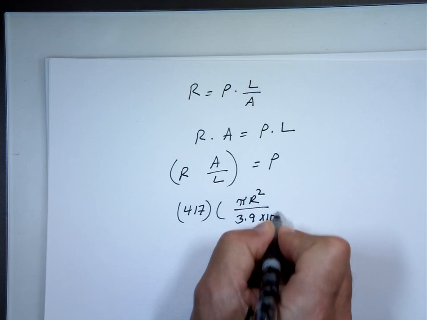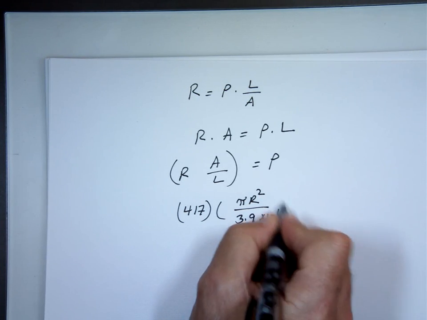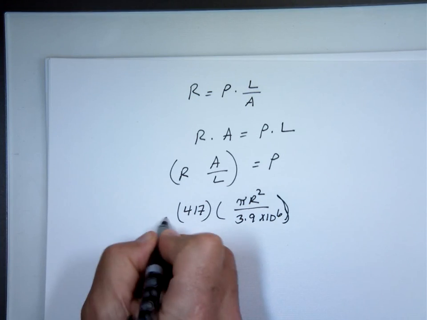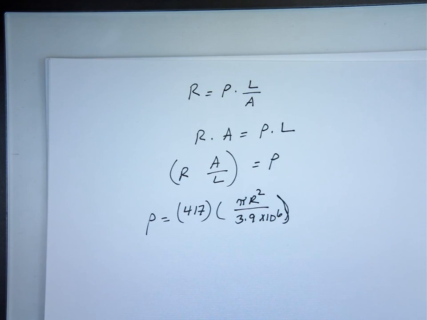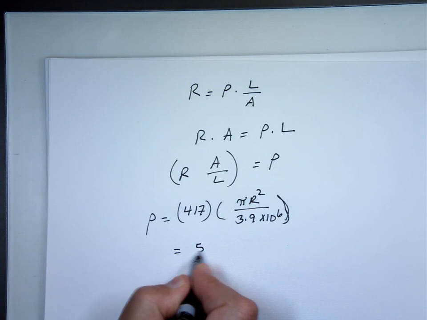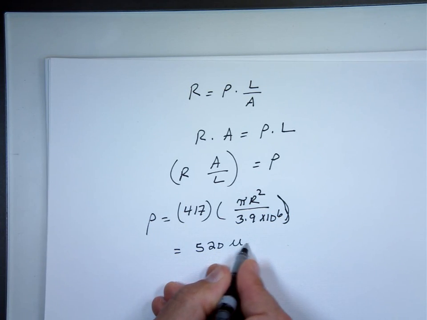We know what R is, so we can calculate what rho is for that cable they're using, and we can select the right cable for that. If the maximum resistance is 417, rho has to be 520 micro ohms for this calculation.